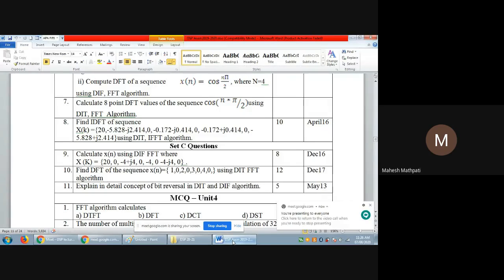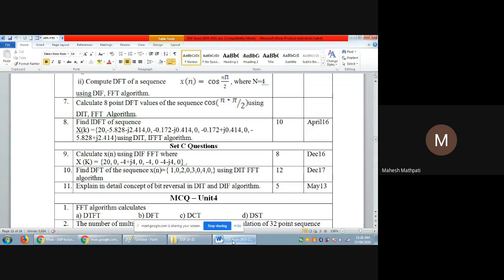They are asking to calculate x of n using DIF FFT. In DIF, the input should be in natural order, the multipliers are at the output side, and the output is in bit reversal order.